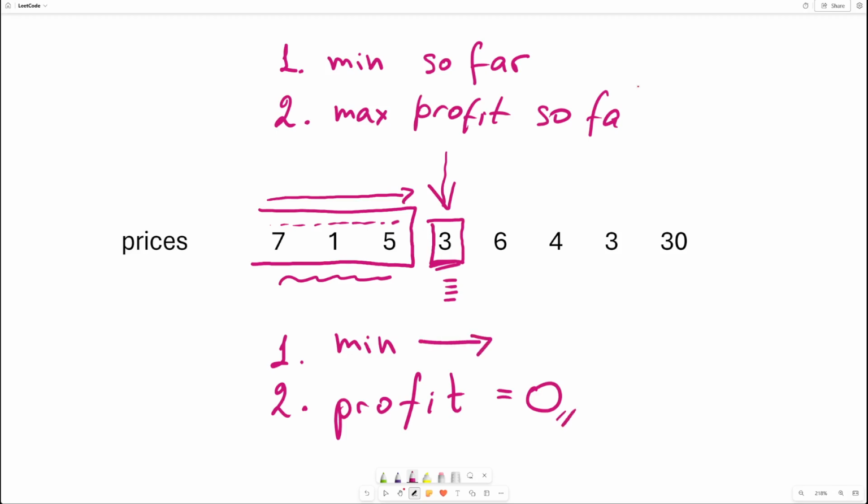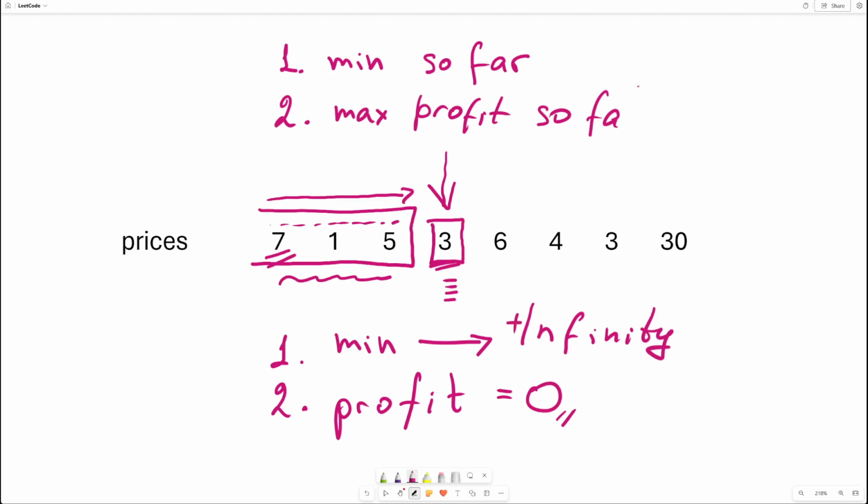Now, how should we initialize min? Min should be the worst possible price, so that even when we look at the first day, we are never tempted to decide to sell that stock. So let's say the price was positive infinity.